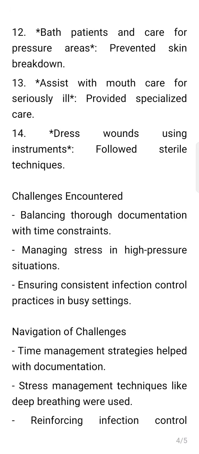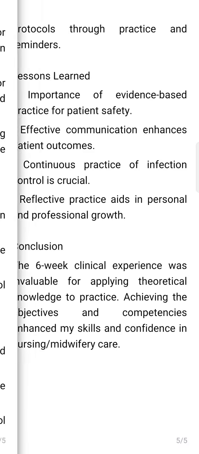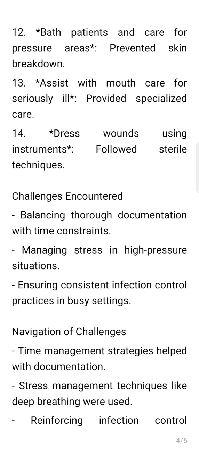Right now we are going to look at the navigation of challenges, how the person was able to overcome these challenges. For the first one of the challenges we listed, balancing thorough documentation with time constraints. To avoid any confusion, when we are starting with the navigation of challenges, start with what you wrote for the challenges.